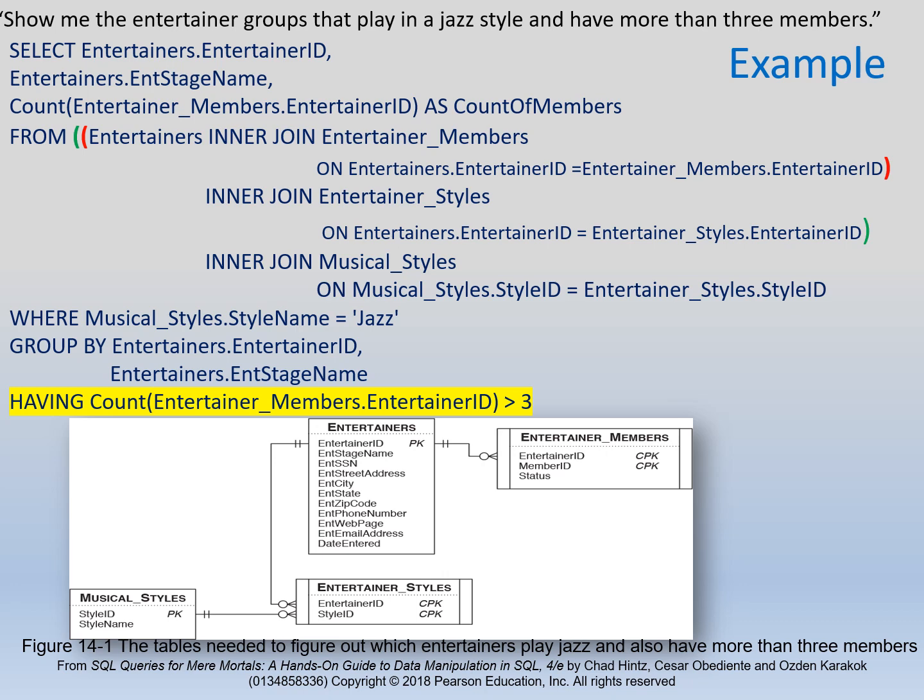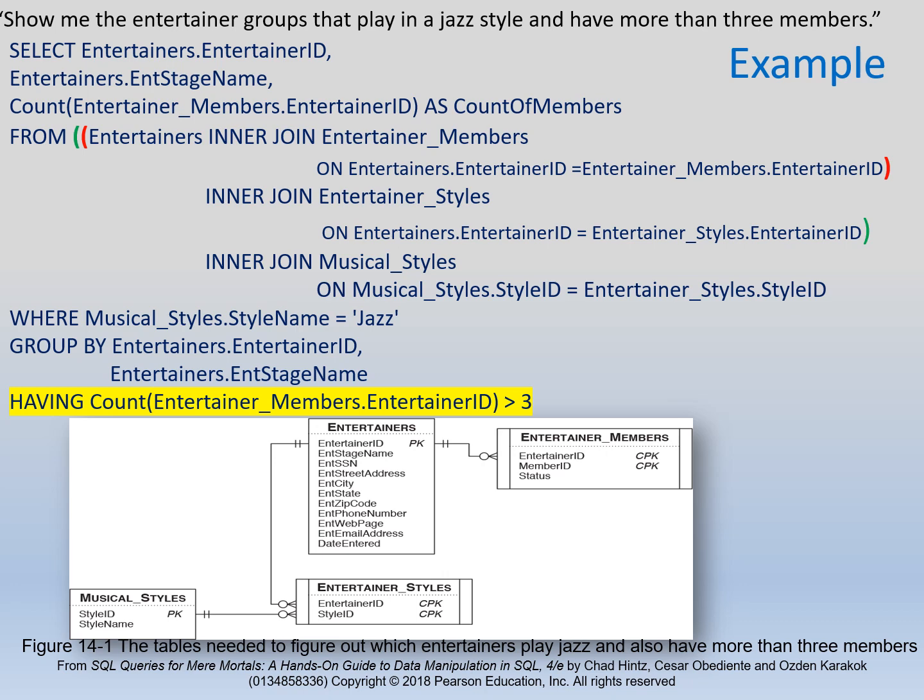In the where clause, we have our condition, musical styles has to be jazz. In our group by clause, notice we have entertainer ID and entertainer stage name. These 2 columns are in the select clause with the aggregate. Keep in mind, as we learned in the previous lesson, when you have columns in the select clause in addition to an aggregate on a column, in the group by clause you must include all of the columns in the select clause that are not aggregated.